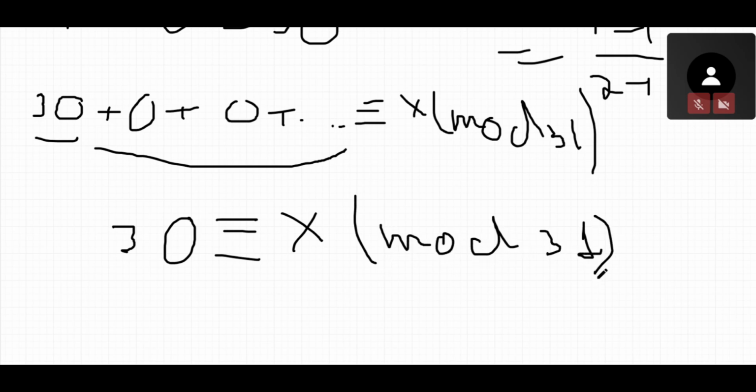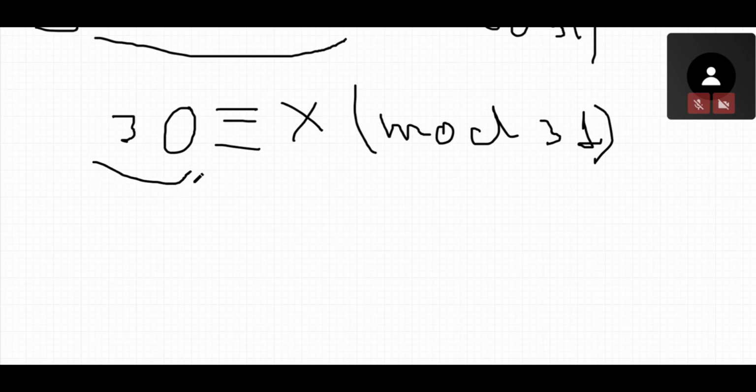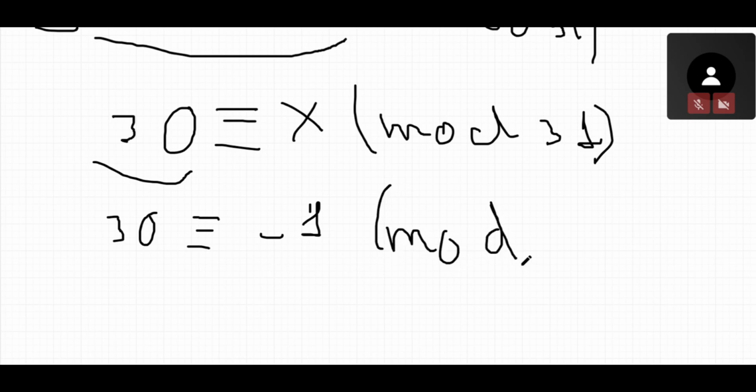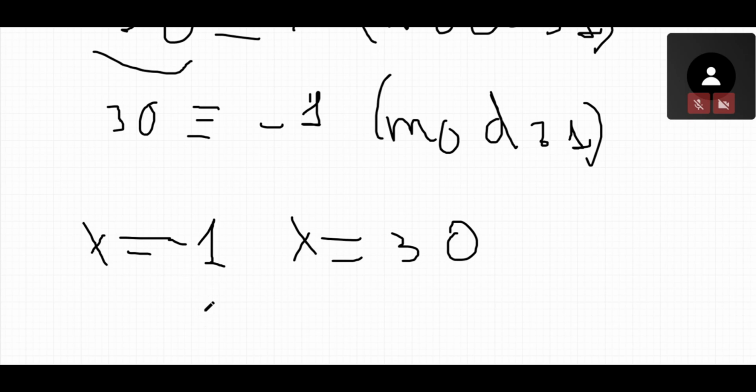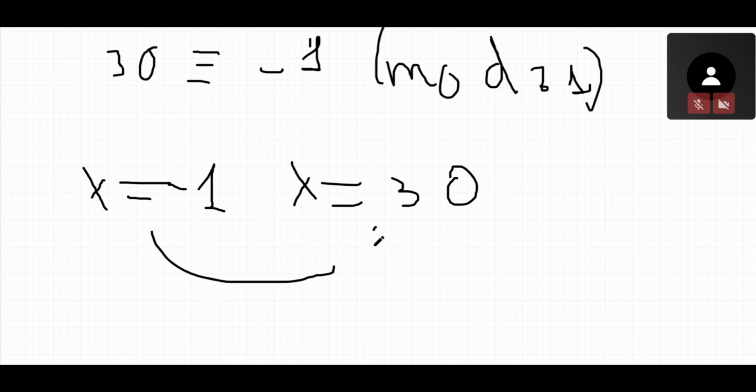At mod 31. And what does 30 mean? It's equivalent to -1. If we divide, the remainder is 1, and you can write it as 1 or -1 at mod 31. There are two ways to write the answer: x equal to -1, or x equal to 30. Both of them are correct.